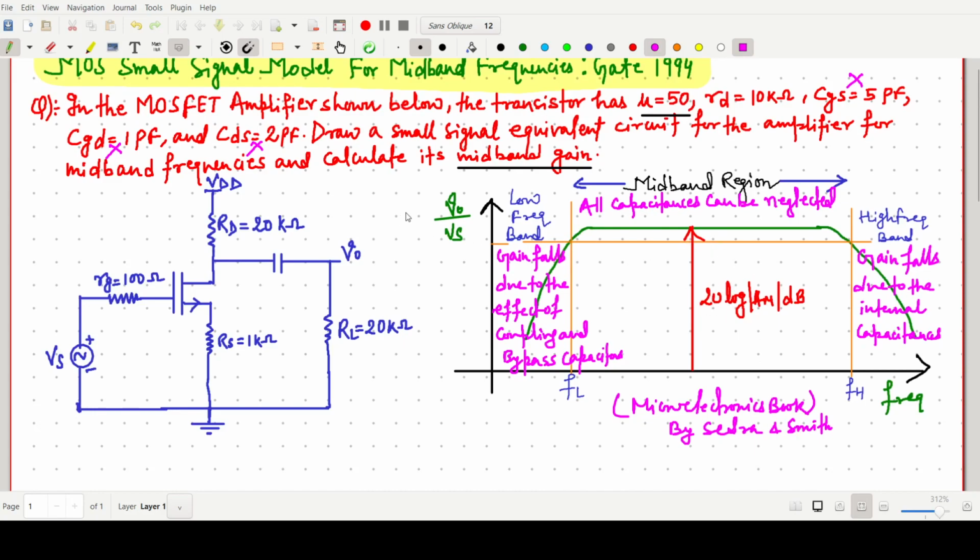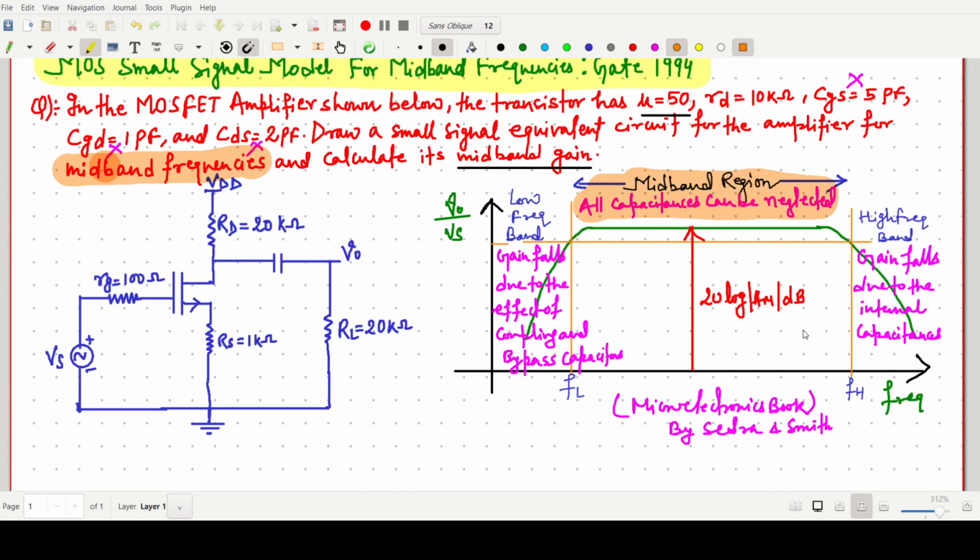So this is all about the midband frequency. In the question, it is very clearly mentioned that we have to think about the midband frequency. In this midband frequency, we have to neglect all capacitances. So this question becomes now very simple.